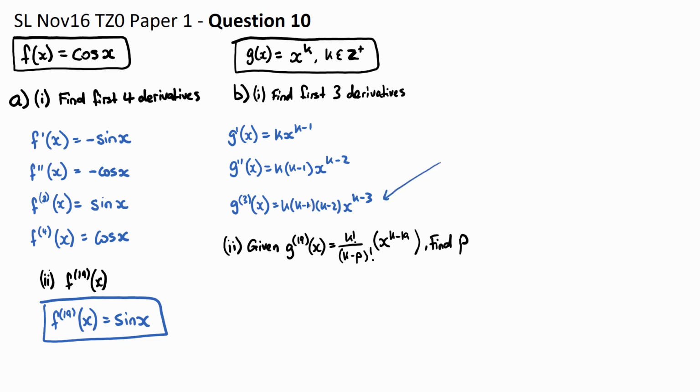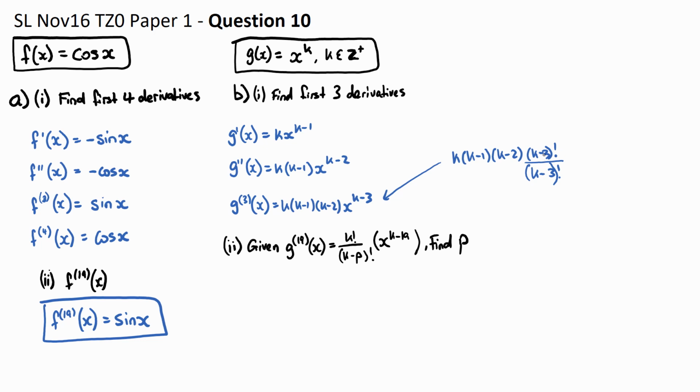We had the third derivative, and what we had as coefficient was k, k minus 1, k minus 2. Now I could write this as k minus 1, k minus 2, k minus 3, and then so on. So I'm actually going to put a factorial after the k minus 3. And if I divide that by k minus 3 factorial as well, notice that all of these would cancel out. The k minus 3 onwards, k minus 3 onwards.